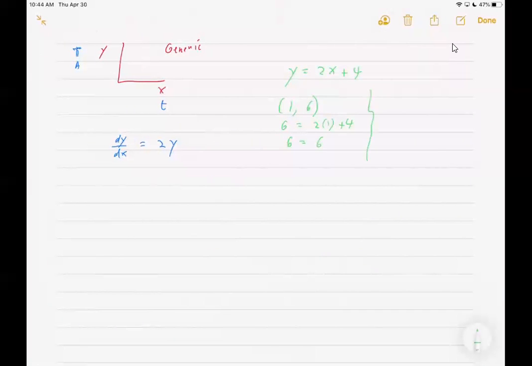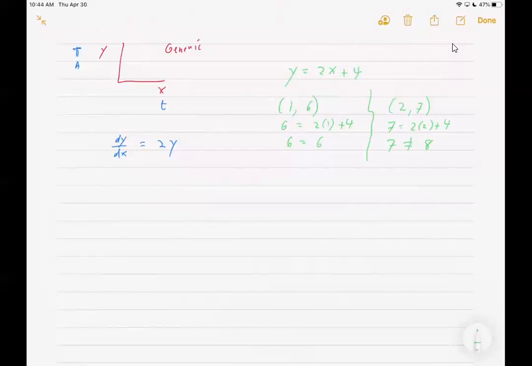I could, however, show that, let's say, (2, 7) is not a solution. Because if I start with (2, 7), I'd have to write 7 is equal to 2 times 2 plus 4, and 7 clearly does not equal 8.